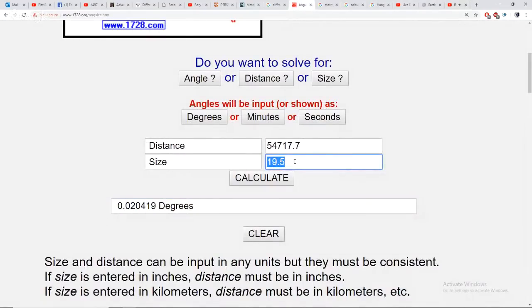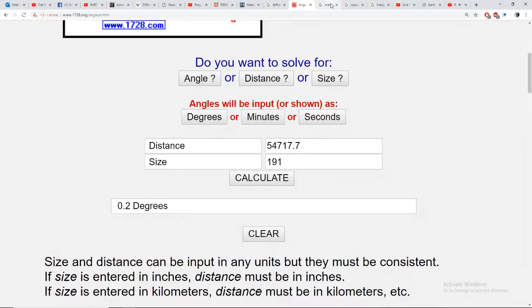Let me do it to 50 meters. 100 meters. 200 meters. 190. 191. 191 meters is 0.2 degrees.